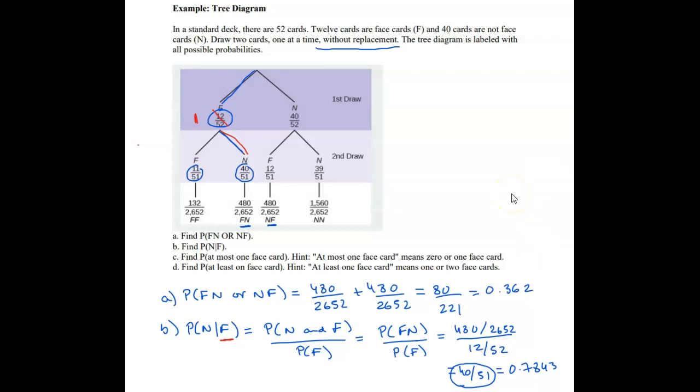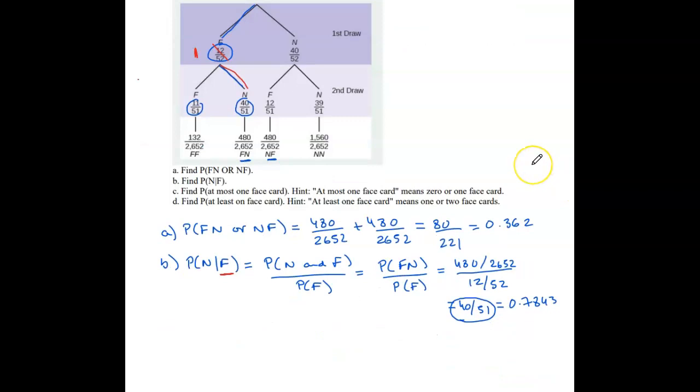All right, so let's look at C. Find the probability of at most 1 face card. This means that I could get no face cards at all, so NN, or I could get the face card first and the non-face card second, or I could get the non-face and then face.